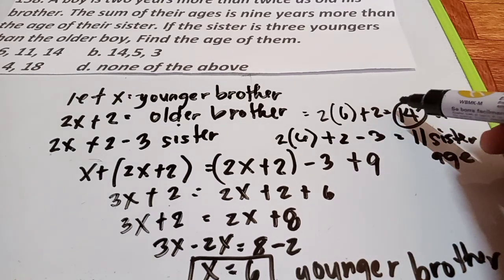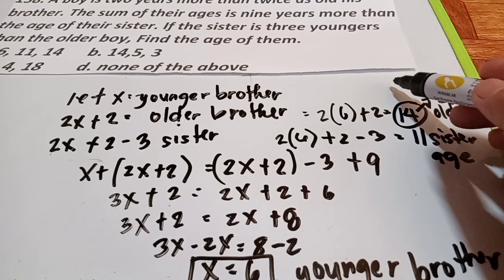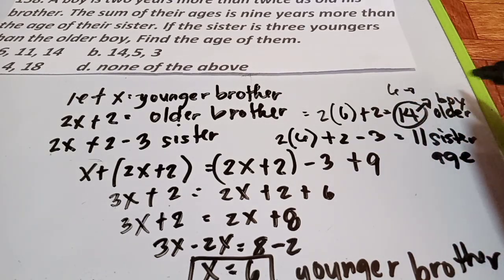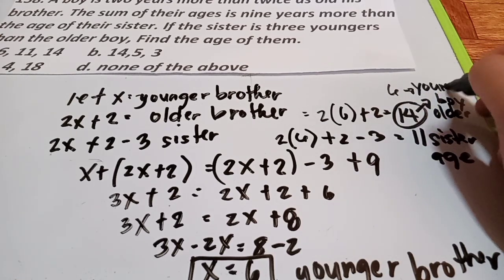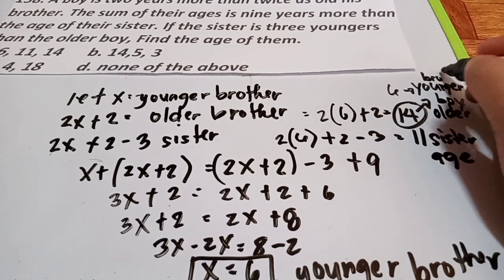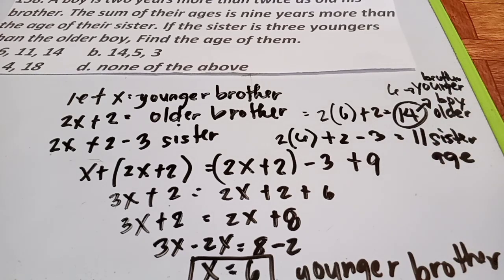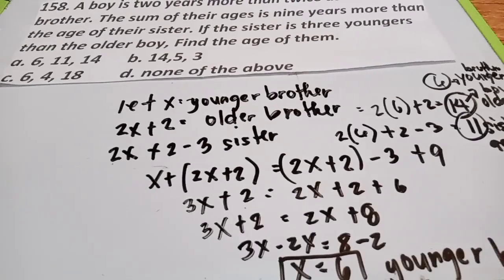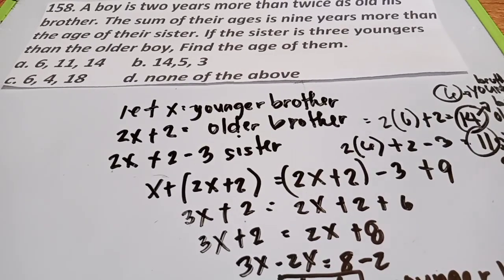So, we have the answer of 6, 11, and 14. Six, 11, and 14. So, our answer is letter A. Take note, letter A. Let's proceed for 159.